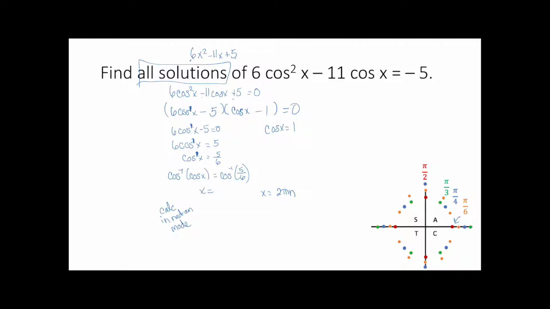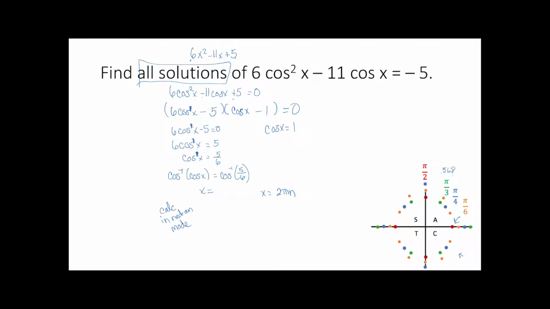Now let's go evaluate that on the calculator in radian mode. When we find our solution, it's like 0.568 or something like that in radians. So it will be here in this first quadrant, but also down here in the fourth quadrant.